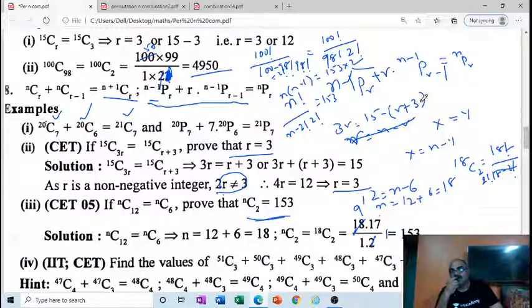So these are all the ways you can calculate the values.